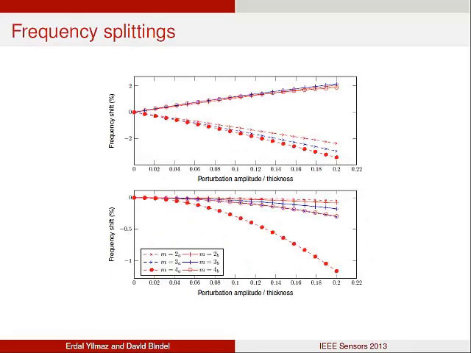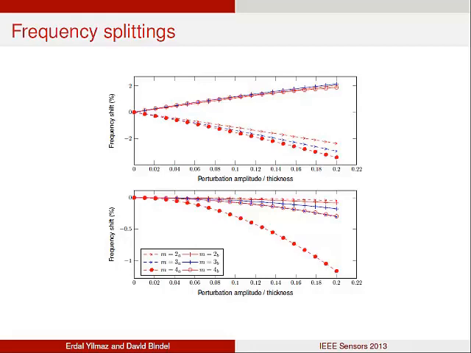We need to understand how these vibration modes and perturbation modes interact. For that purpose, we took the same ring resonator and simulated it by increasing the amplitude of the perturbation and looked at the frequency splittings of these modes for m equals 2, 3, and 4 vibration modes. The top figure shows when we have a perturbation at p equals 2m, and we see a nice linear splitting of those three modes.